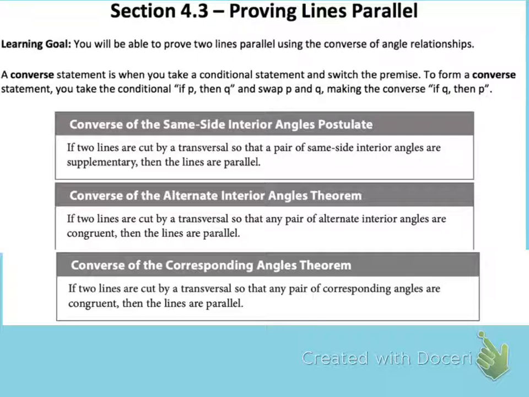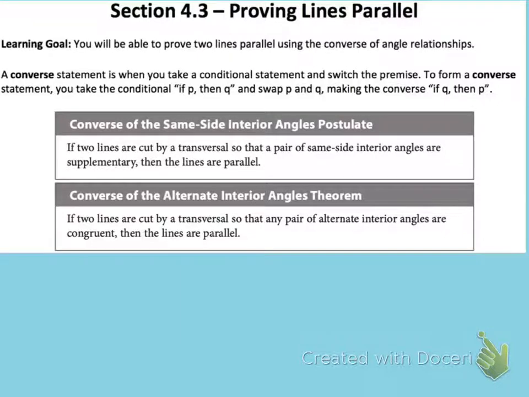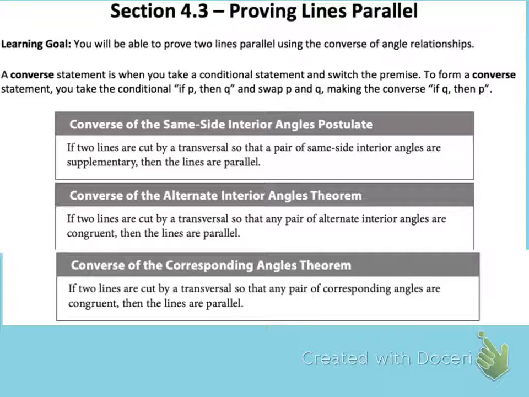We know just something about these angle pairs, and if we do, then we can make a conclusion about the lines that form them. Again, a converse is a statement in which you take the conditional statement and switch the premise.